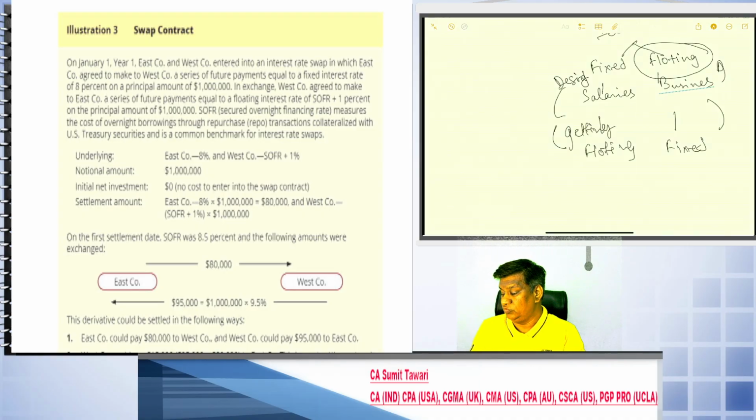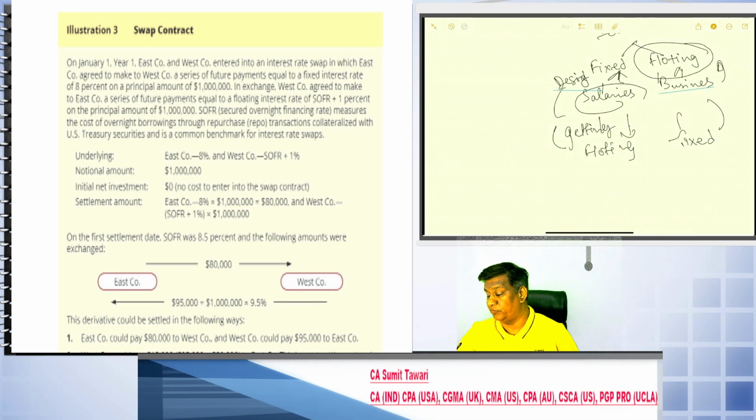To avoid this situation, the salaried people who need the fixed interest rate but are getting the floating rate, and the businessman who needs the floating rate but is getting a fixed rate, will swap their obligations.